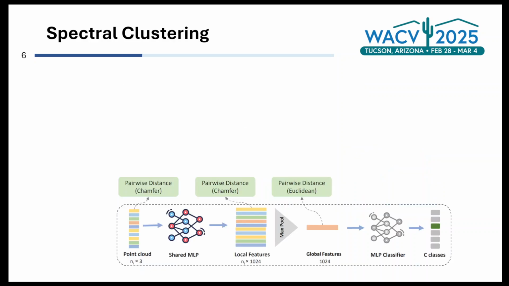Let's get back to our approach. To apply spectral clustering, we first calculate a similarity matrix based on distances between samples. For input and local feature space, we use the Chamfer distance, which is commonly used in the point cloud domain. And for the global feature space, we use the Euclidean distance.